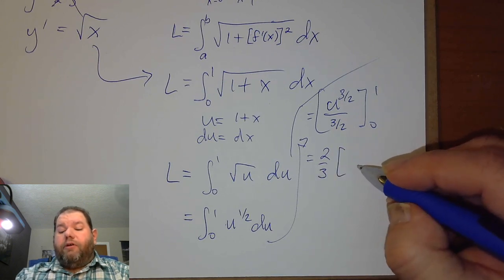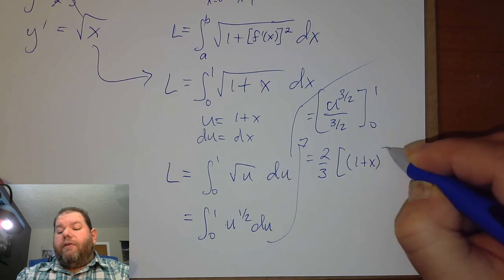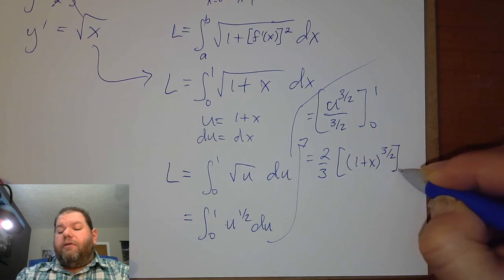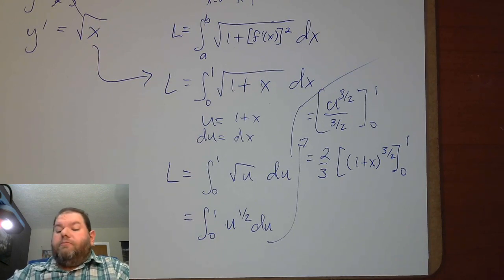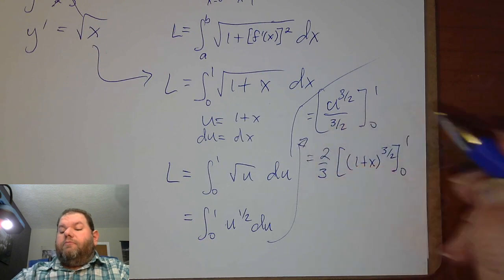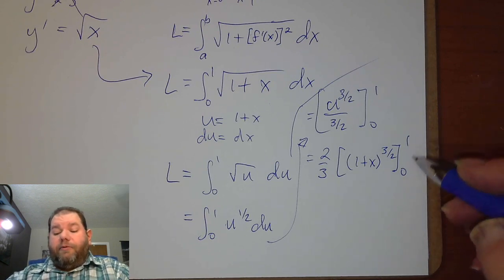Replace u with 1 plus x, and then raise it to the 3/2 power from 0 to 1. That completes the integration. Now our last step is to plug in our limits.